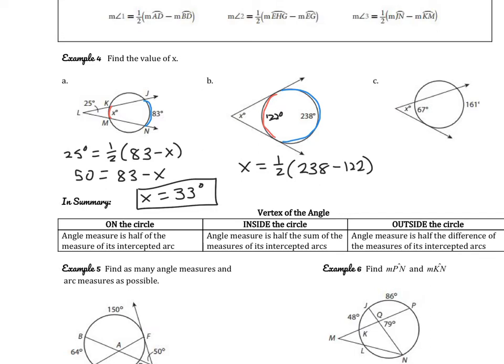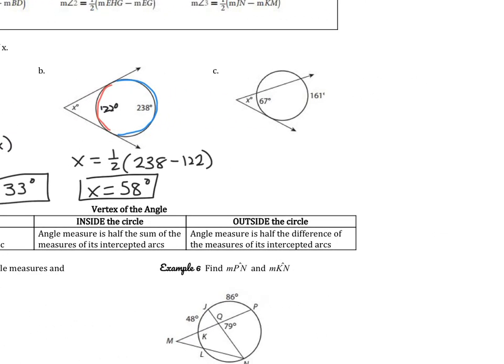Okay, when you're simplifying this, again, make sure you follow order of operations. You should always do what's inside the parentheses first and then divide by 2. So here we get an answer of x equals 58 degrees. And last, for part C, here we have a secant and a tangent.